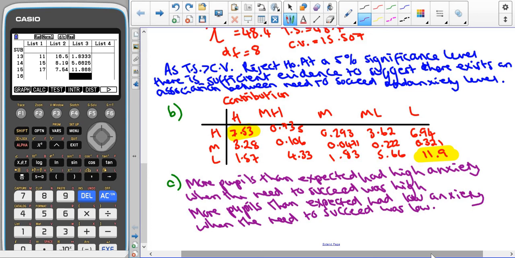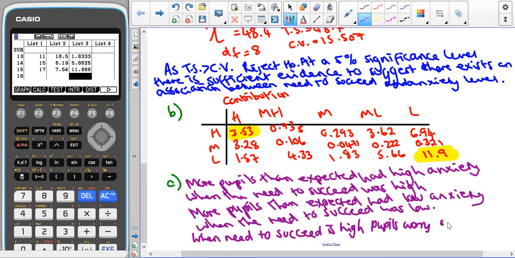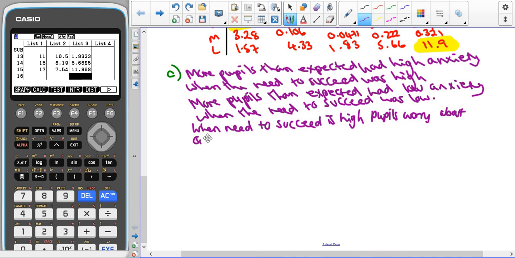So I just added a comment in there, like I said: when need to succeed is high, pupils worry about outcomes, so may lead to higher anxiety.